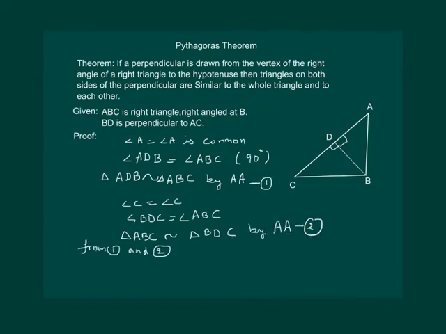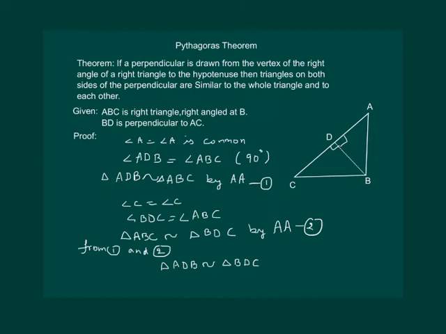Now from equation 1 and 2, we can see that triangle ABC is similar to triangle ADB and also ABC is similar to BDC. This will imply that triangle ADB is similar to triangle BDC.